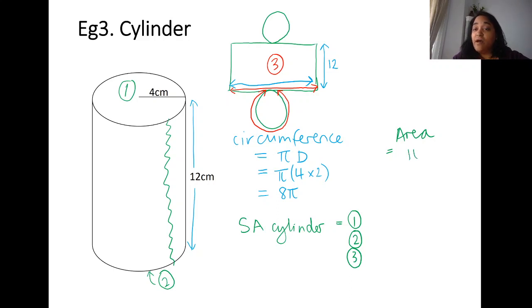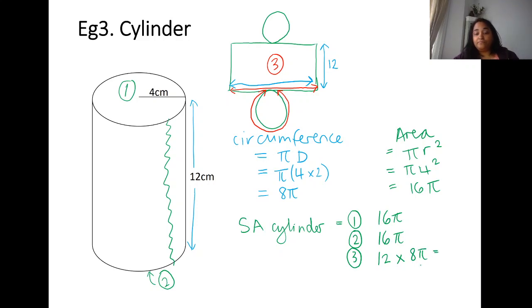Area equals pi r squared. So in this case, our radius is 4. 4 squared gives me 16 pi. So surface 1, 16 pi. Surface 2, also 16 pi. And now we can do our section 3, which is going to be that rectangle. Now one side is 12 and the other side is 8 pi.